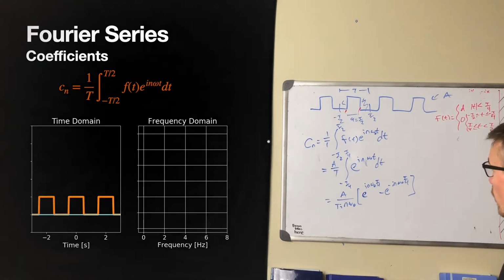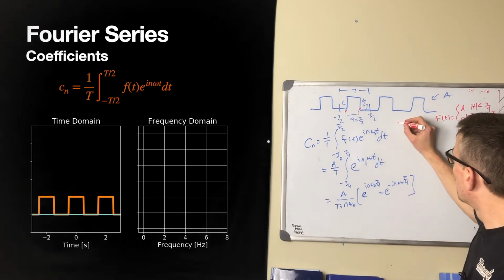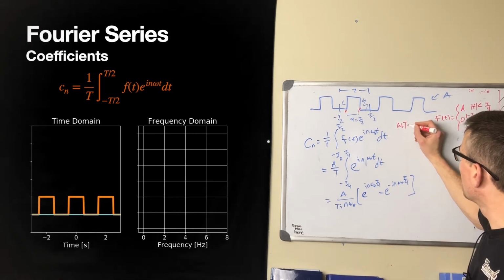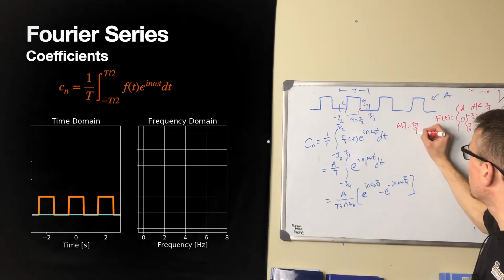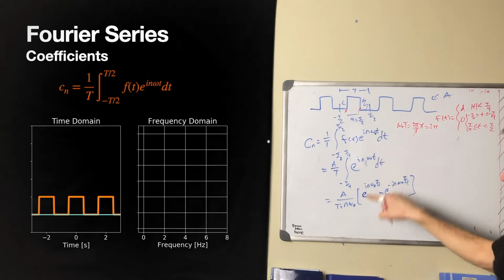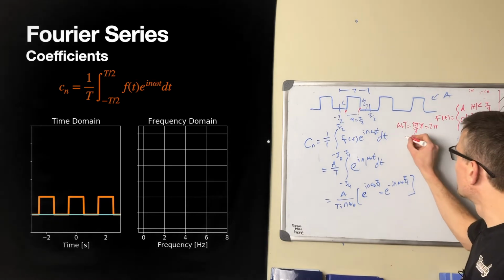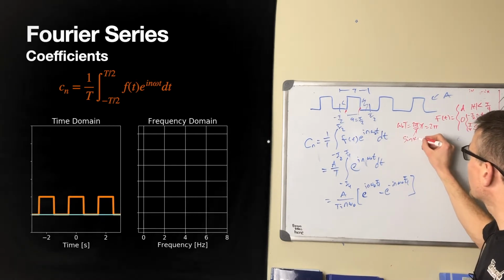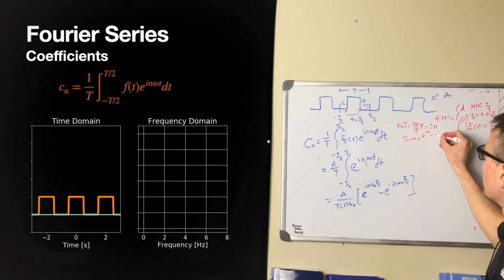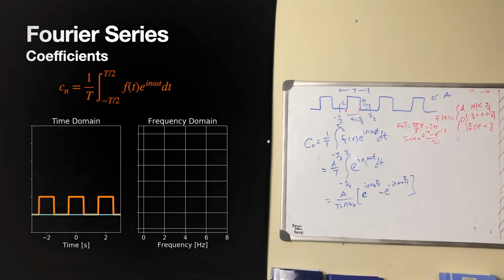So first of all, we're going to note that anytime we have omega naught T, well, that's equal to 2 pi over T times T, which is just 2 pi, right? So omega naught T, which appears a few times, is going to give us a 2 pi. And we're also going to use a trick that sine of x is equal to e to the ix minus e to the minus ix over 2i. Just plug that into Euler's formula and you'll verify it.